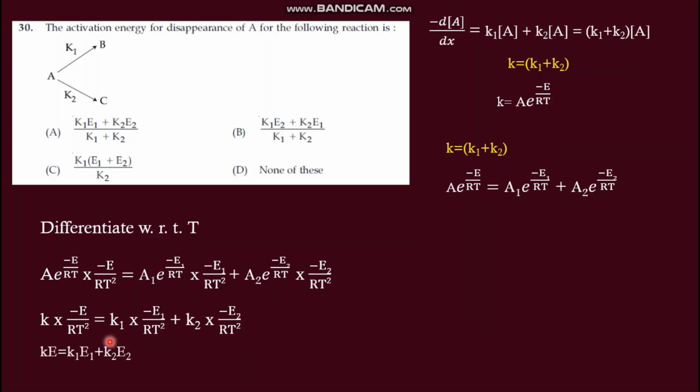We can cancel that and finally we will get KE equal to K1 E1 plus K2 E2. And we have to find the overall activation energy E, that is equal to K1 E1 plus K2 E2 divided by K, and K we can replace as K1 plus K2. So the final answer is activation energy E equal to K1 E1 plus K2 E2 divided by K1 plus K2, and the correct option is option A.